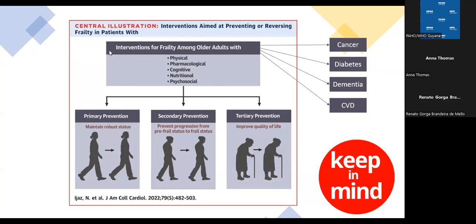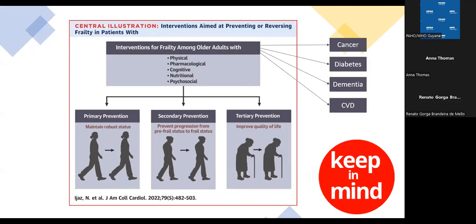We have to think about interventions for frailty among older adults with cancer or diabetes or dementia or cardiovascular disease whatsoever. We have to think how we'll manage this concomitant problem that sometimes poses a huge burden over a patient, even greater than the disease itself.